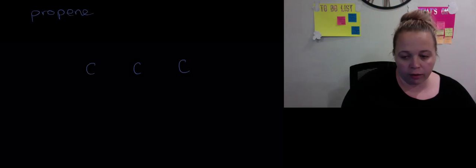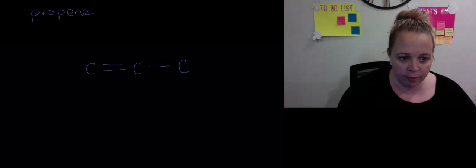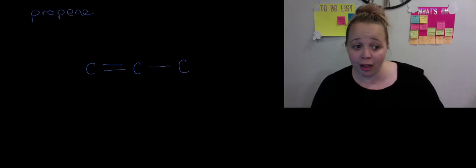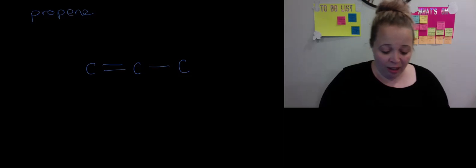So what I mean by that is I'm drawing propene. You can see I've got 3 carbon atoms here. I know that it's got 1 double bond because it's an ene. I know that it must be single bond there. And then I just need to count the number of bonds around the carbon, because how many bonds should there be with carbon? 4.